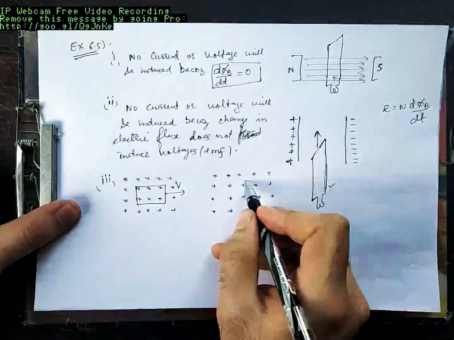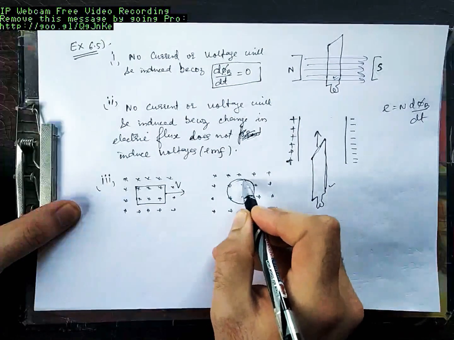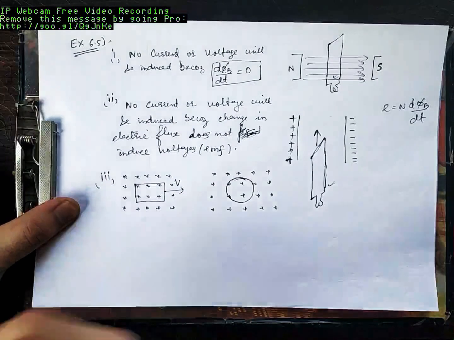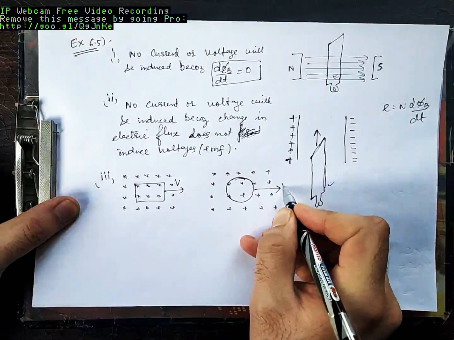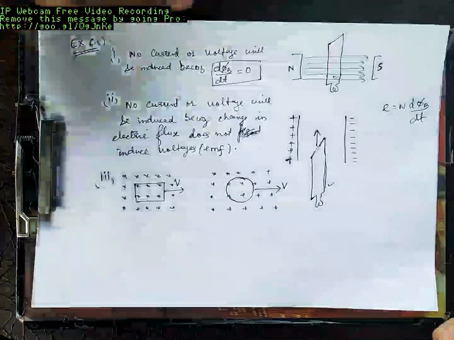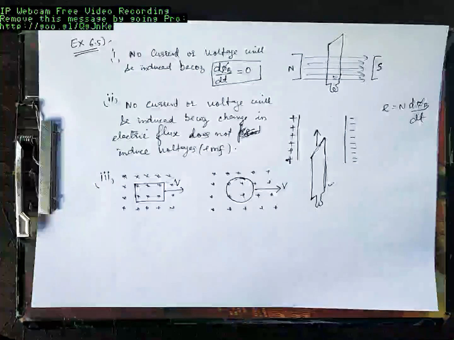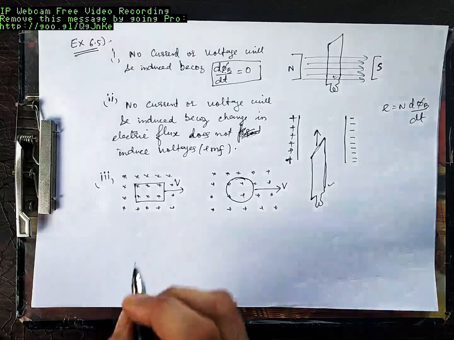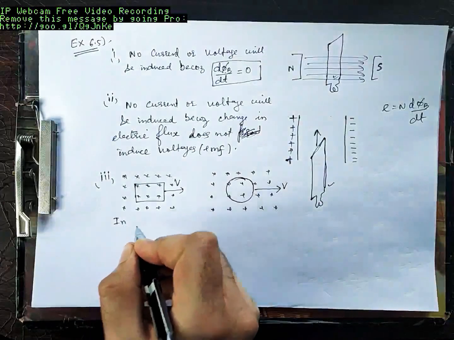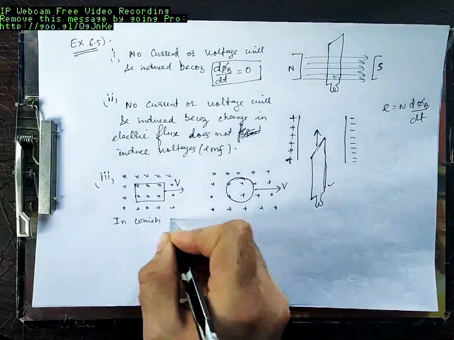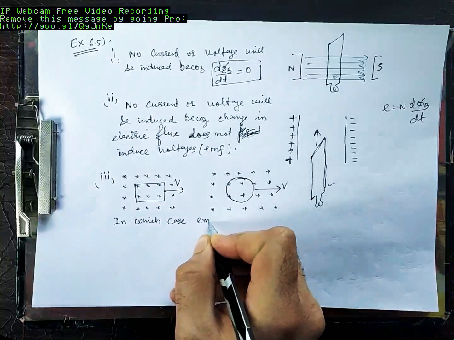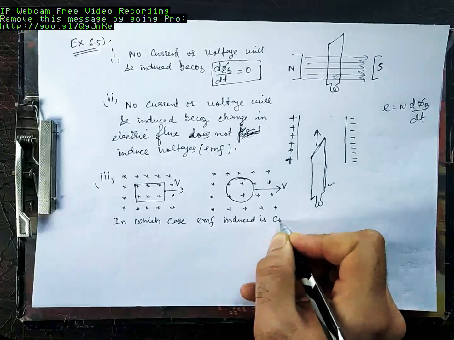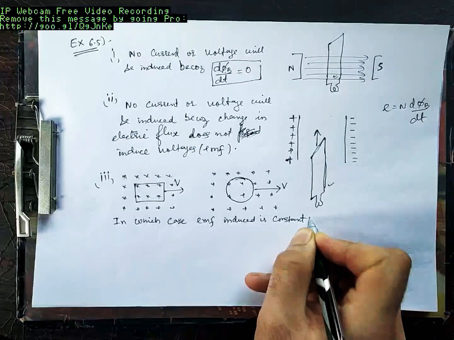In case 2, you have a circular loop moving with velocity v. The question here that is being asked is, in which case is EMF induced constant?